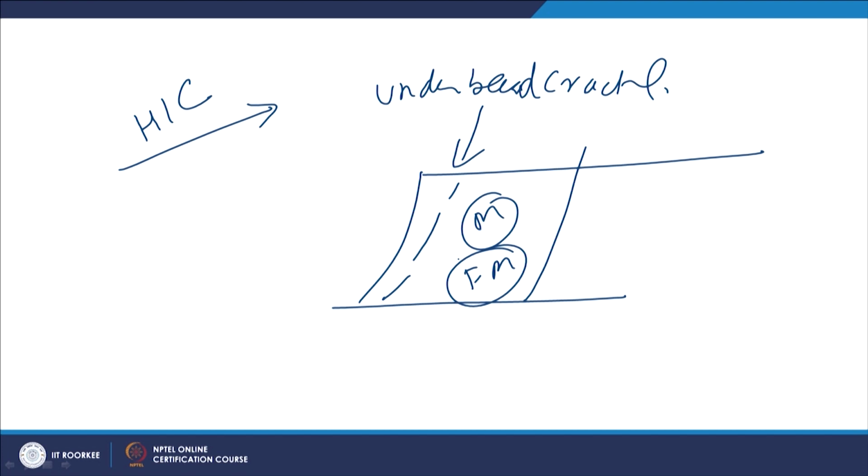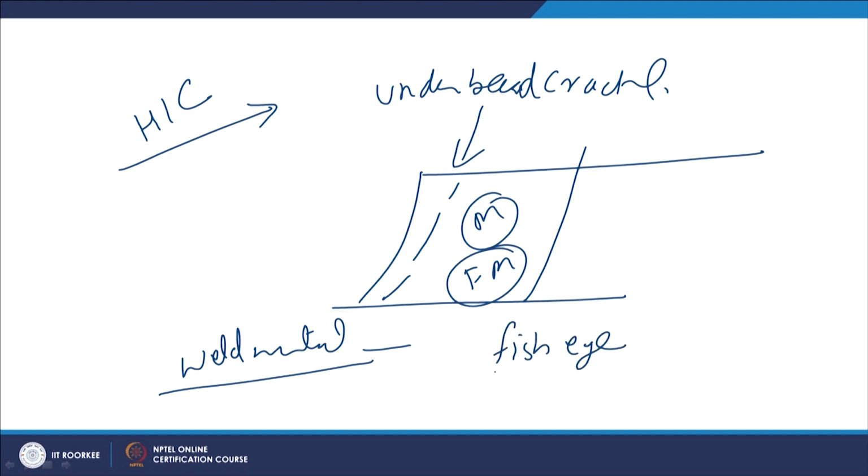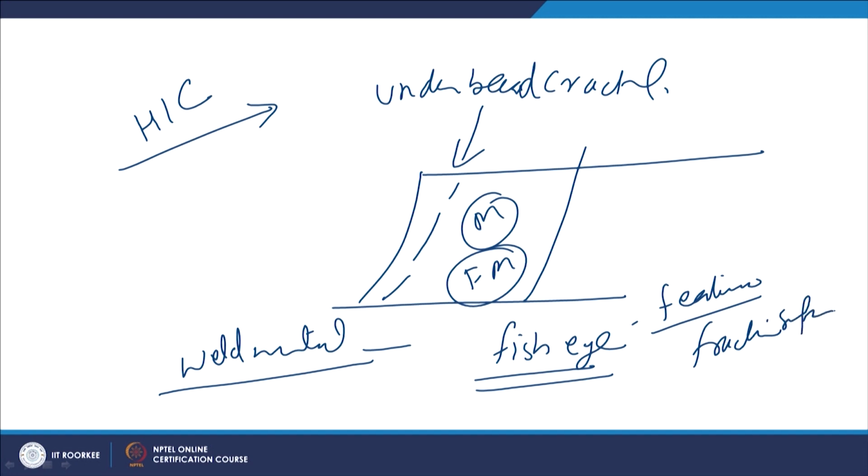Then the cracking which occurs in the weld metal, this is observed typically in terms of the fish eye. This kind of the fish eye is the kind of the typical feature which is observed on the fracture surface of the weld metal which has failed due to the embrittlement promoted by the hydrogen.